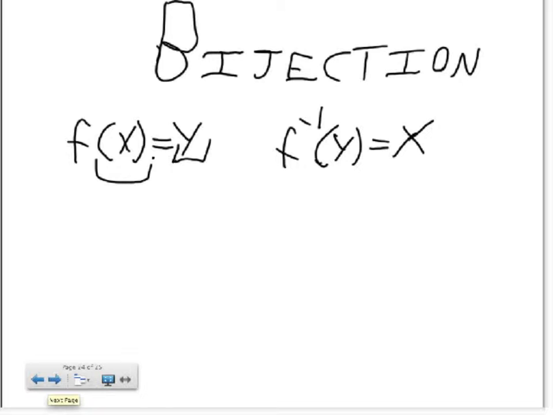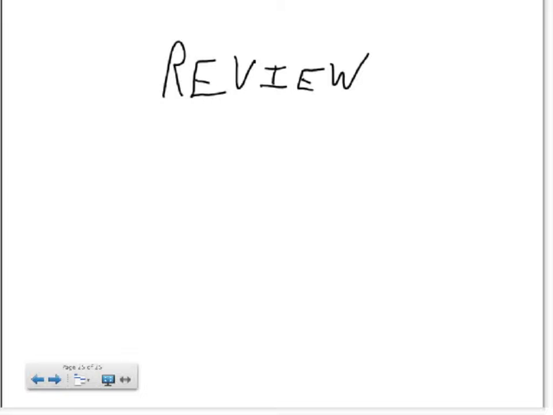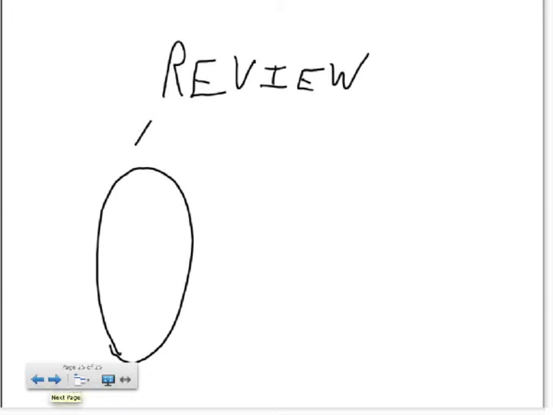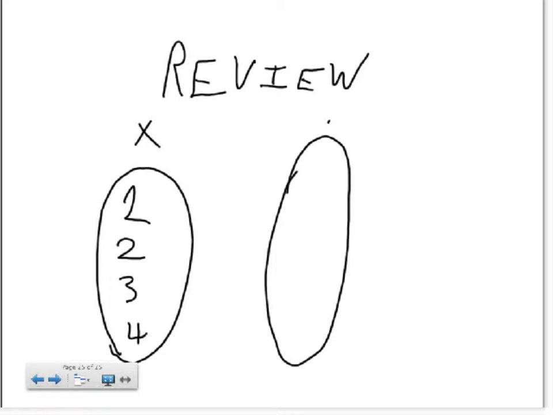So now we're going to do a review of everything we just talked about and try to visually show this because it can be somewhat tricky. Now let's first show a bijection. Let's imagine that here is our domain x, and it has the elements 1, 2, 3, and 4. And then we have the codomain y, which has the elements d, b, c, and a.